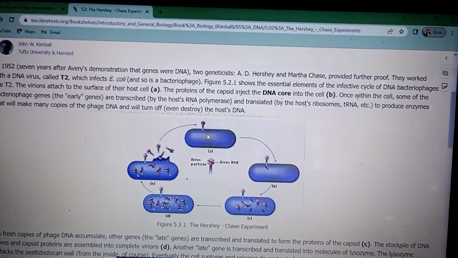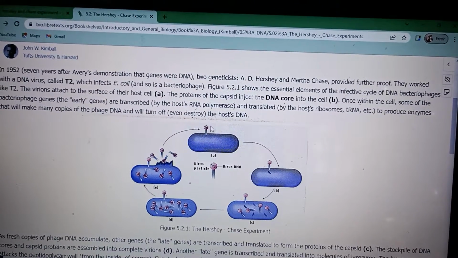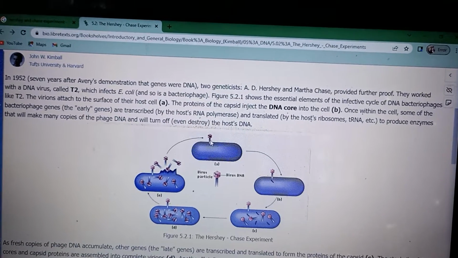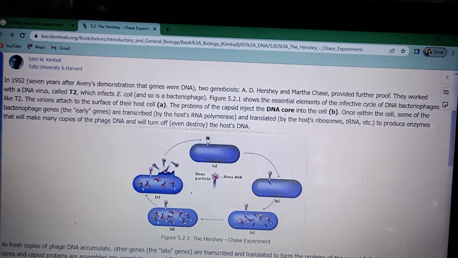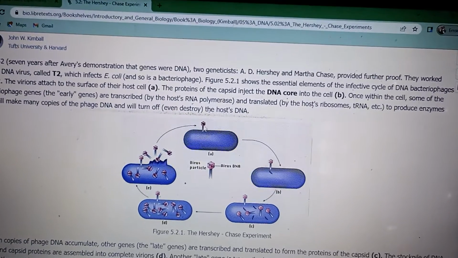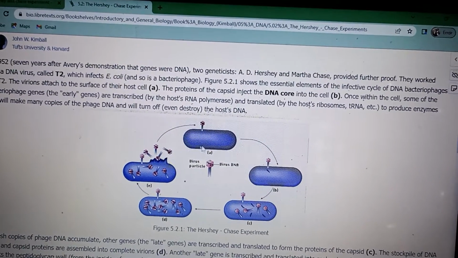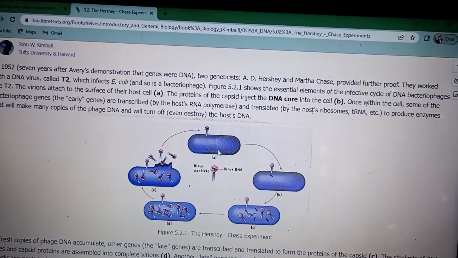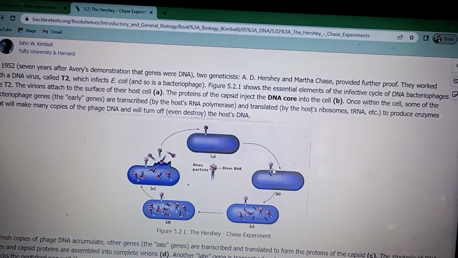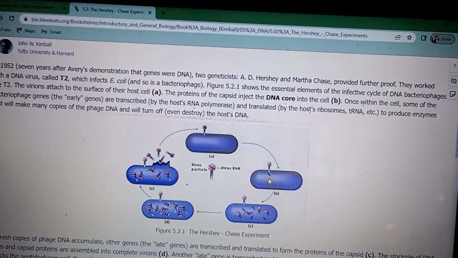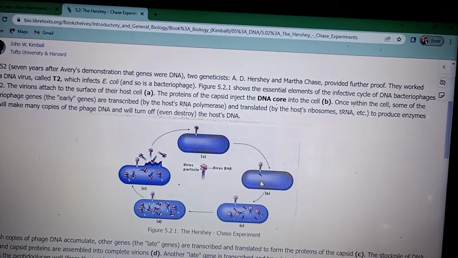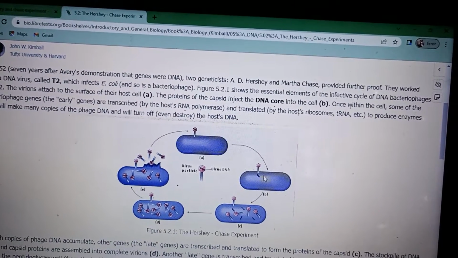So what happens first, this is the bacterial capsid and inside is a genetic material. Once the T2 bacteriophage infects the host cell, which is nothing but our E. coli, first the capsid infects the bacterial cell, then it releases its genetic material into the host cell.